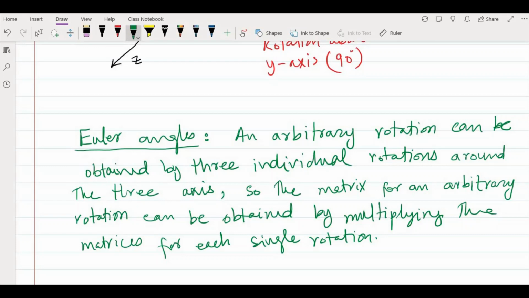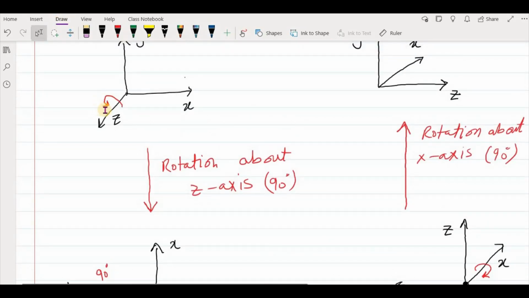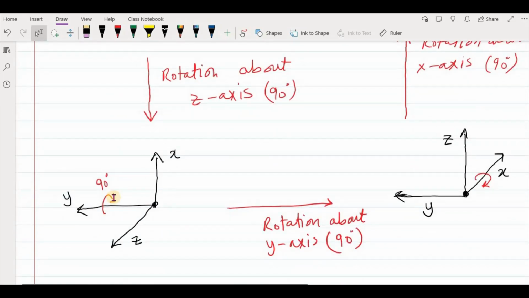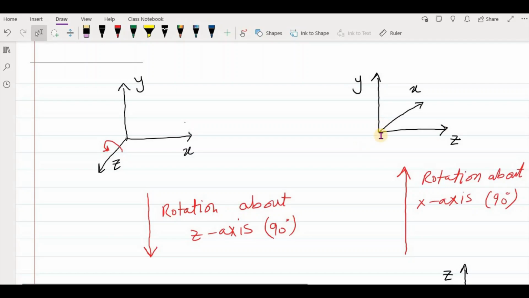The angles of rotation are called Euler angles. So in this case we have Euler angles of first a 90 degree rotation about the z-axis, then a 90 degree rotation about the y-axis, and then a 90 degree rotation about the x-axis to reach the final configuration, or the final orientation.